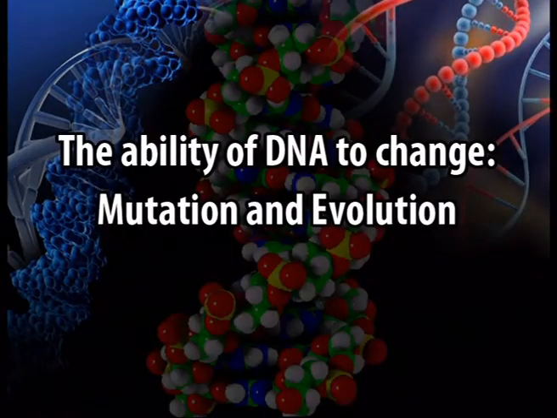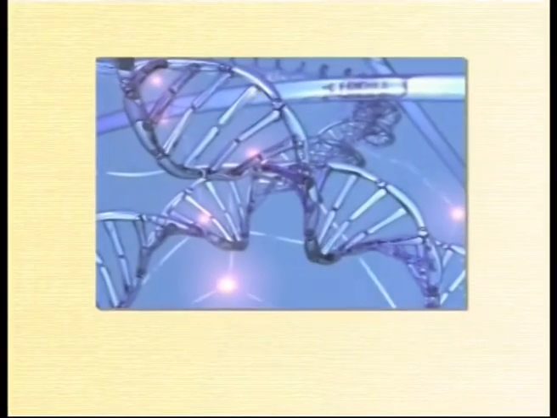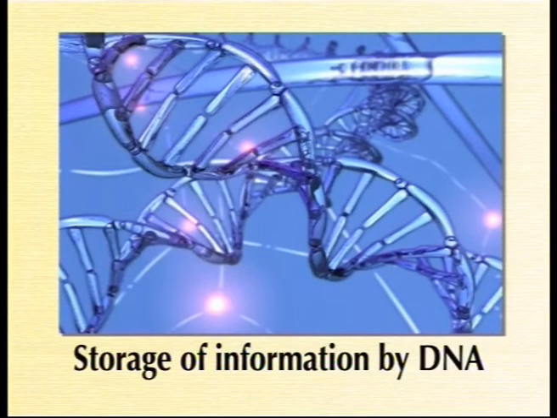Now, at last, I will also talk about a very important aspect of DNA acting as an ideal genetic material, that is, the ability of DNA to change through mutation and contribute to the process of evolution. Since DNA is the sole storehouse of the genetic information, its base sequence must have provision for change if organisms have to evolve through time.